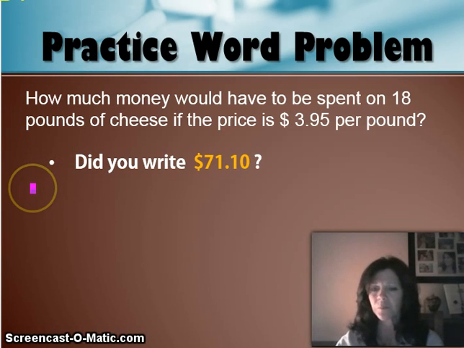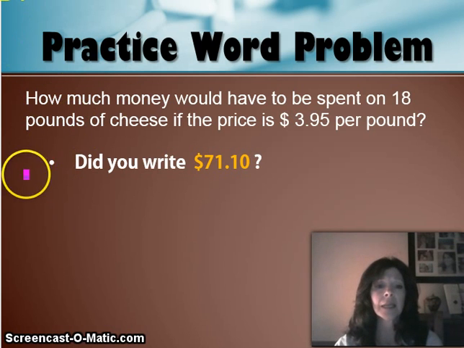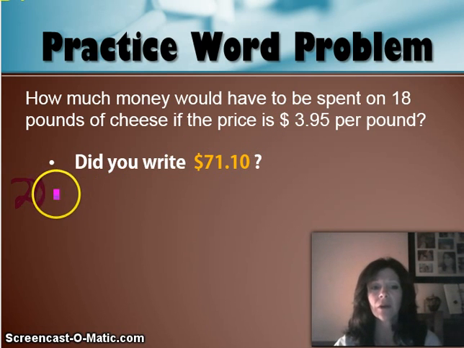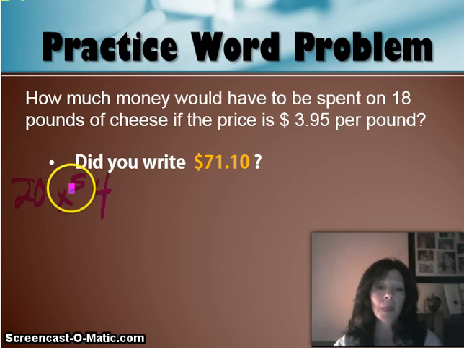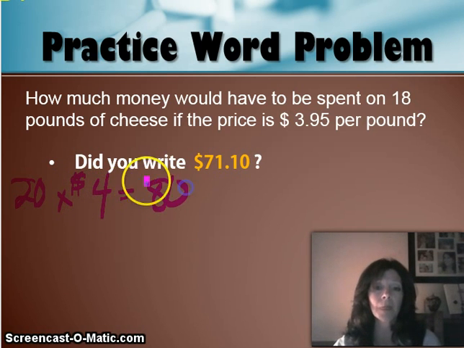All right, 18 can easily estimate to 20, and $3.95 a pound can estimate to $4 a pound. So an estimate could be $80.